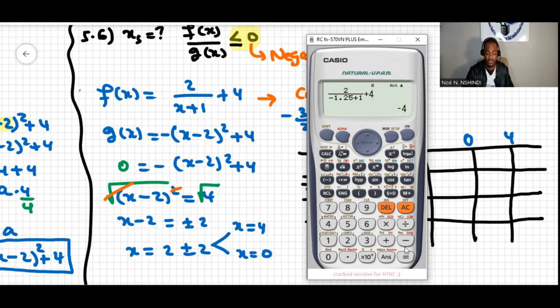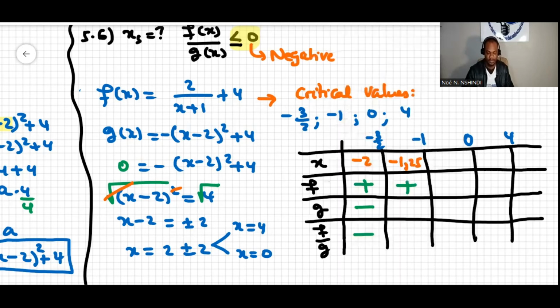What does it make? Oh, it's negative. So this is negative, it's not positive. And then if you substitute the same value in g of x, you still get a negative, and negative over negative makes positive.